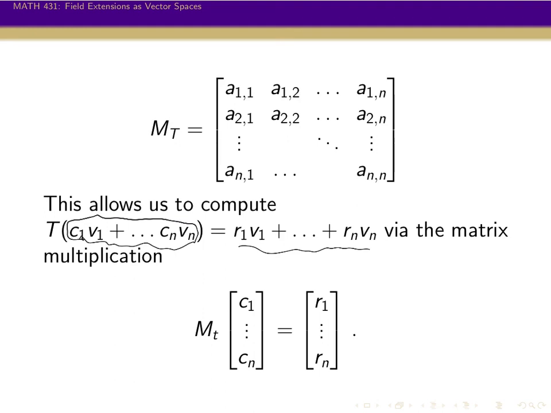You can calculate that by matrix multiplication: you have your matrix, and then you have a column vector, which is the coefficients coming from the representation of your element in terms of the basis. And then the column vector that spits out is going to be the representation of the image of the element in terms of the basis again.